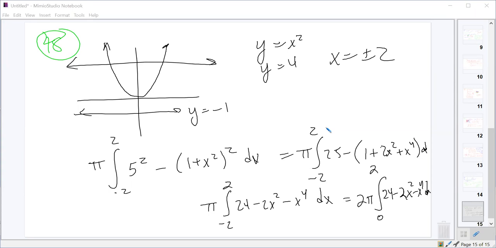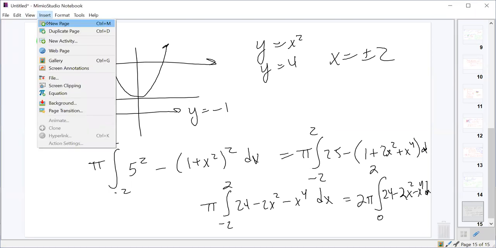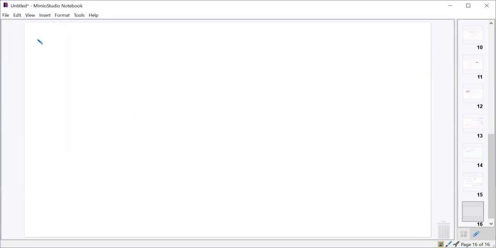Okay, so next one we've got is number 10, which I think we might have already done. Yeah, we did 10. Then 16, which we already did. 17, which we already did.